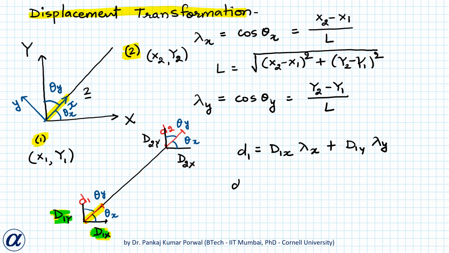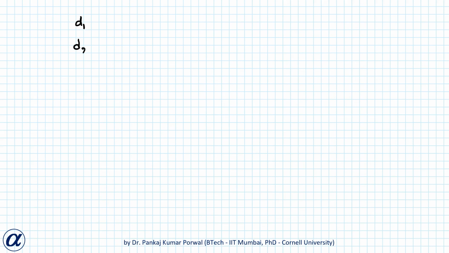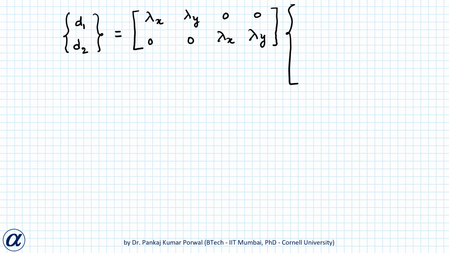And similarly for small d2, D2x lambda x plus D2y lambda y, and these two equations can be written in matrix form as d1, d2 equals lambda x, lambda y, 0, 0; 0, 0, lambda x, lambda y, times capital D1x, capital D1y, capital D2x, capital D2y.